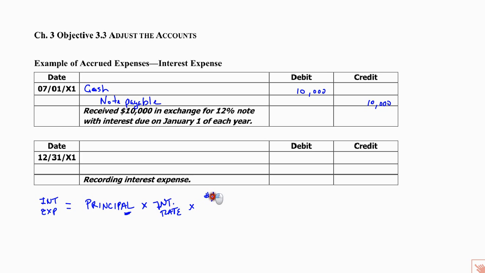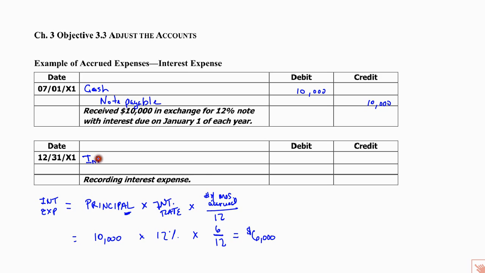So in this case, we're going to have 10,000 times the interest rate times 6 months over 12, which equals 6,000. Okay, so that's the amount.